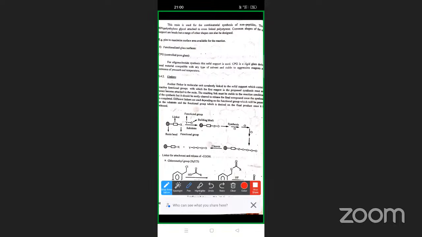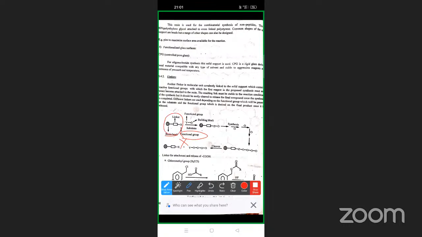So you see here, this is the resin bead, the solid support, and this is your linker, where this linker has the X functional group. So this is the complete structure of your solid support or resin bead with the linker.